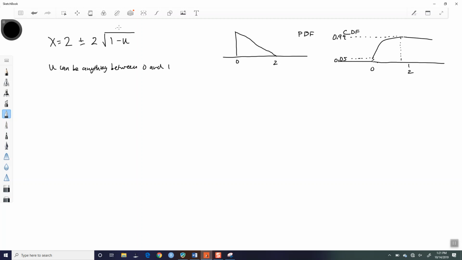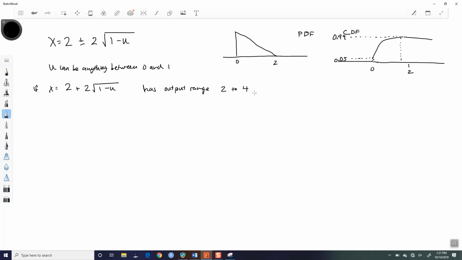Okay, and so if we look at this, if I have the plus, if x is equal to 2 plus 2 root 1 minus u, then this has output range basically 2 to 4, okay, and we don't want that, because our x's are limited from 0 to 2, okay?